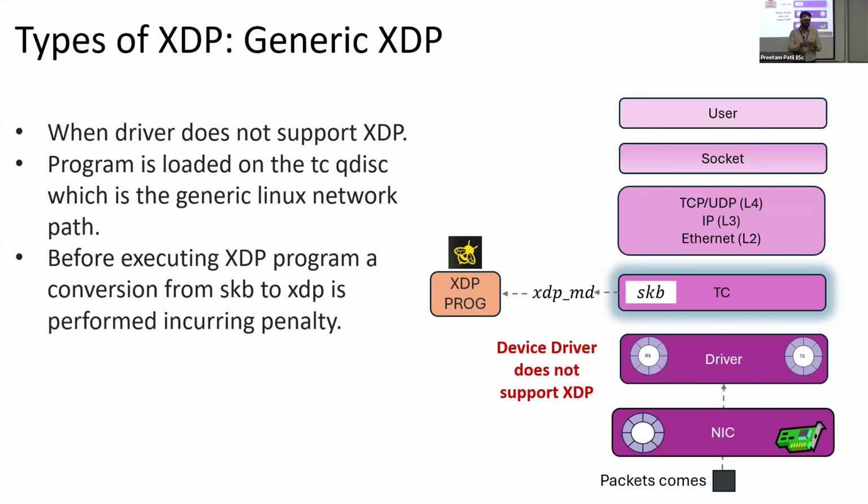But to answer your question, the benefit that VETH XDP provides compared to VETH TC is that if you have to make a decision at the VETH level on whether the packet belongs to this pod or not, you can make that decision at the XDP level without SKB allocation, versus involving TC. So it's a slight benefit that you get at that layer. Otherwise, even if you were to execute an XDP program at the VETH layer, it would be executing as an XDP generic program.